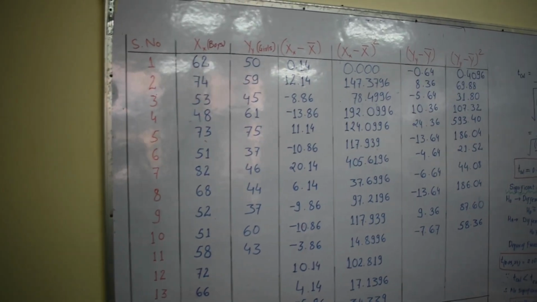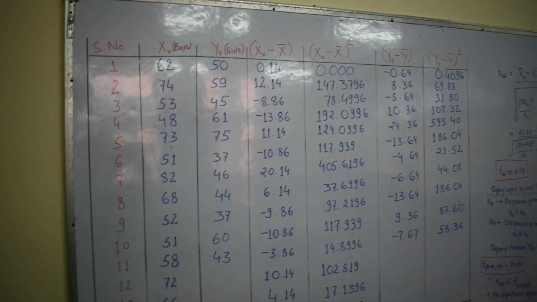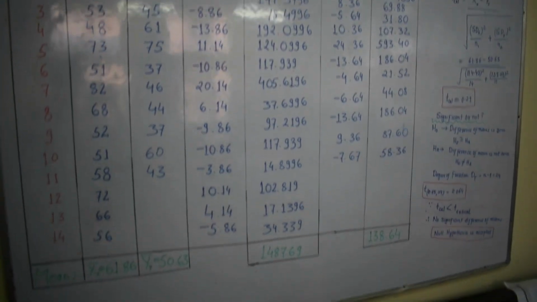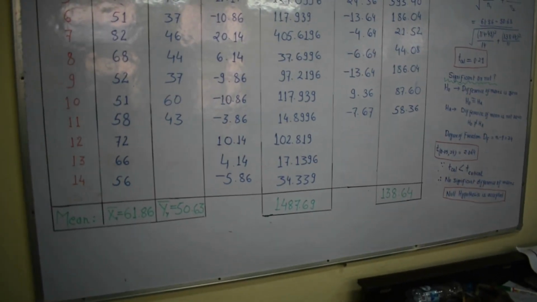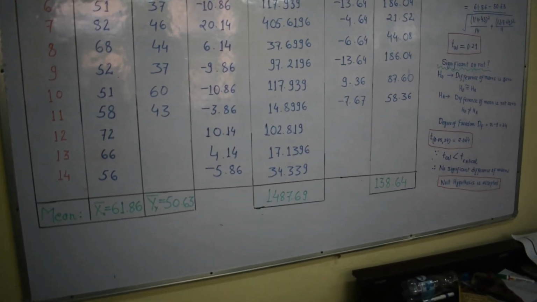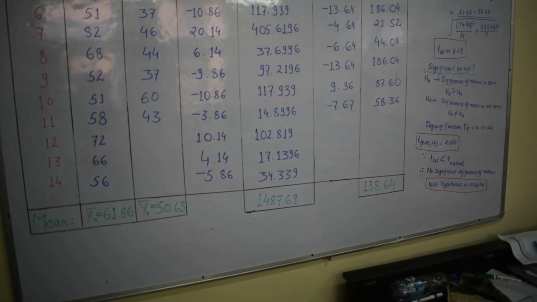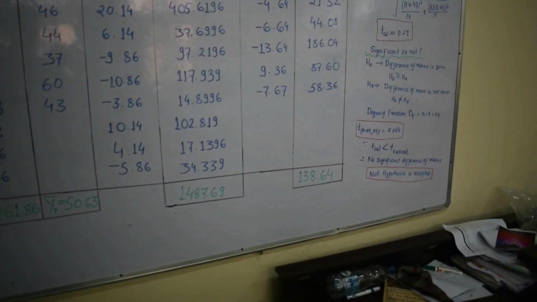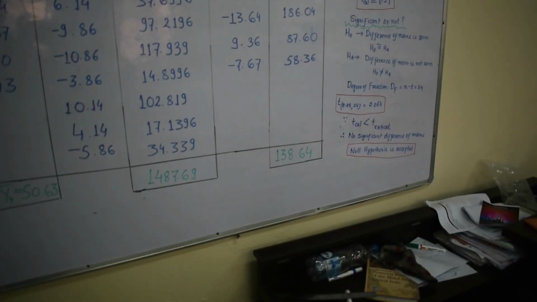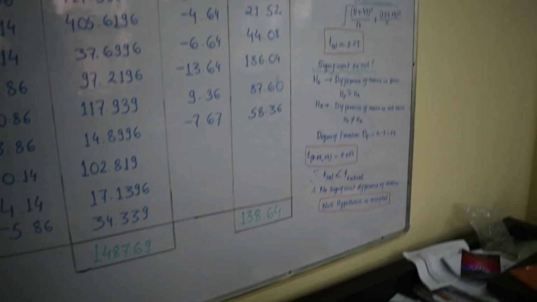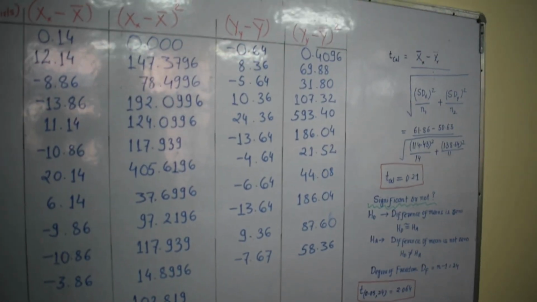Similarly, we have calculated the deviation from the mean and squared it. We find that the squared deviation is 1487.69 for the boys, and for girls it is 138.64. So this is x minus x bar and y minus y bar.